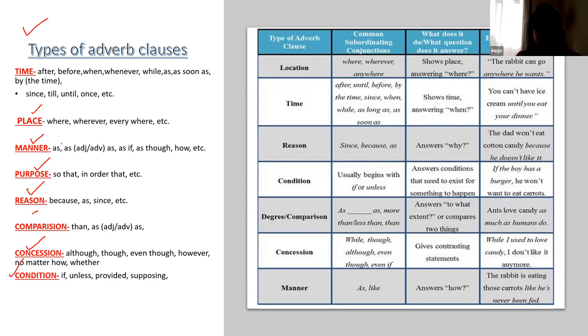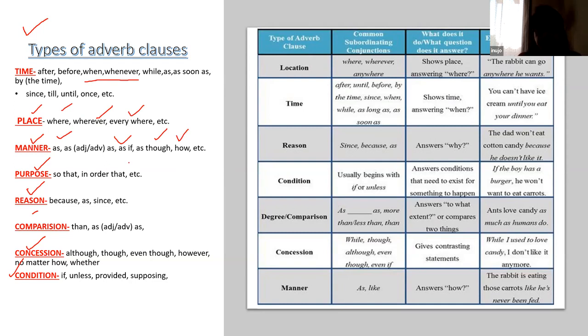So we need to understand how these clauses begin. If it is a time adverb clause, then it begins with these conjunctions. If it is an adverb clause of place, then you have these conjunctions coming in: where, wherever, everywhere, anywhere, like that. Suppose it is adverb clause of manner, you have as if, as though, how. So these are the few adverb clauses of manner.